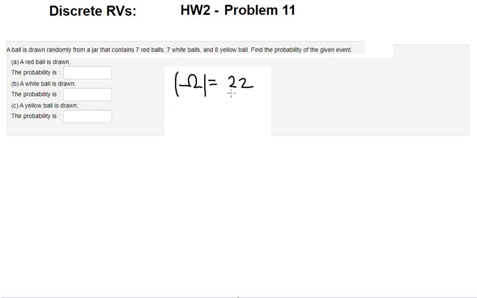And out of these 22 balls, 7 of them are red, so 7 over 22 is the probability of picking red balls. Likewise, white balls are 7, so 7 over 22 is the probability of picking white balls. And yellow balls are 8, so 8 over 22, which is 4 over 11, is the probability of picking yellow balls.